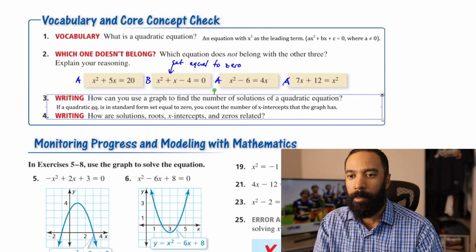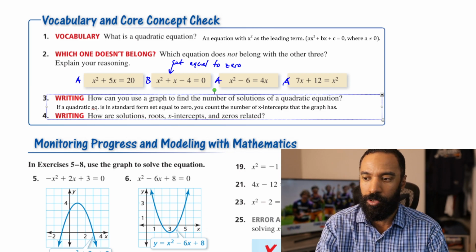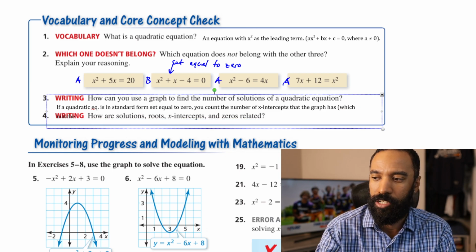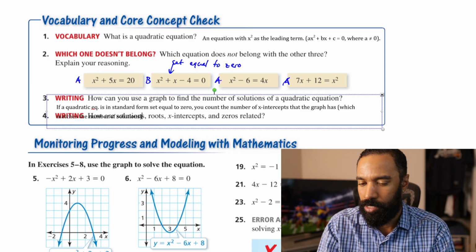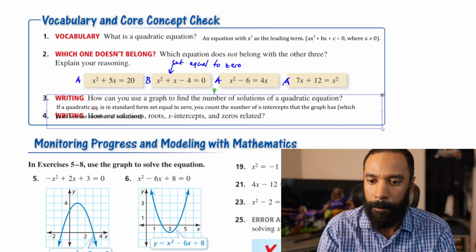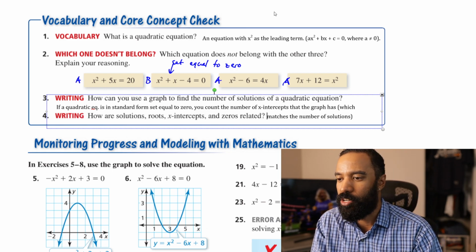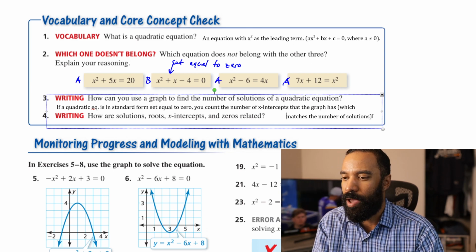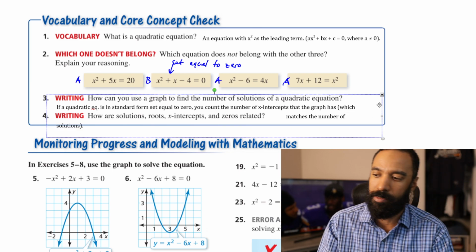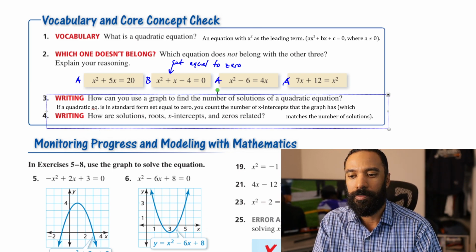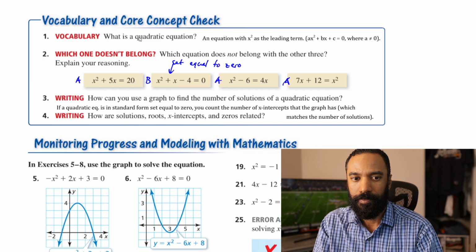So the number of x-intercepts matches the number of solutions. If you have 2 x-intercepts, there are 2 solutions. If you have 1 x-intercept, there's 1 solution. If you have 0 x-intercepts, there are 0 real solutions. So that would be number 3.